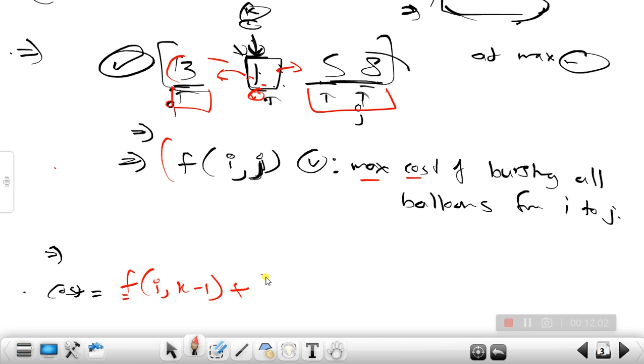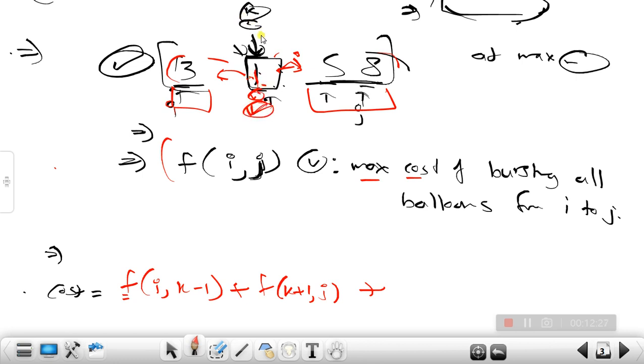This is going to be f of k plus 1 and j, isn't it? k plus 1 is the index just after this k, and j is the last index. I'm going to burst all the balloons in between. Now when I burst all the balloons, I will be left with only this balloon.